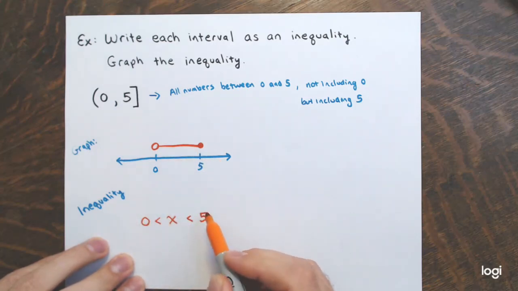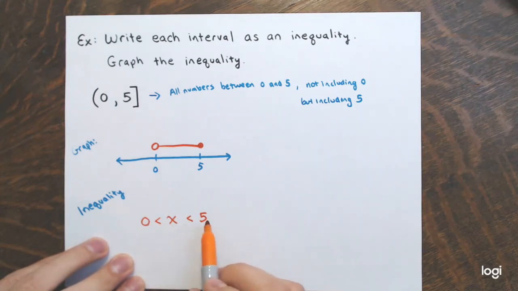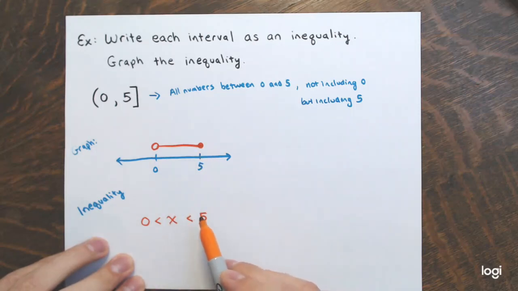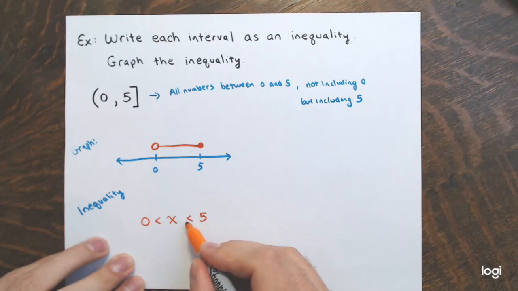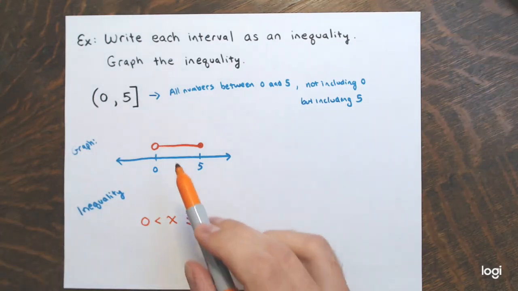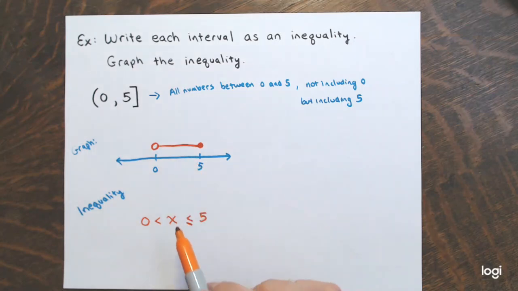So like this, a number that's between 0 and 5. It's bigger than 0 and at the same time less than 5, so between them. Not including 0, so just strictly greater than 0, so no need for the equals to there. But including 5, meaning x is not only less than 5, but x equals 5 also works, right? And then here's the inequality that would have this picture as a graph, the solutions, and also this interval. Right? Great.